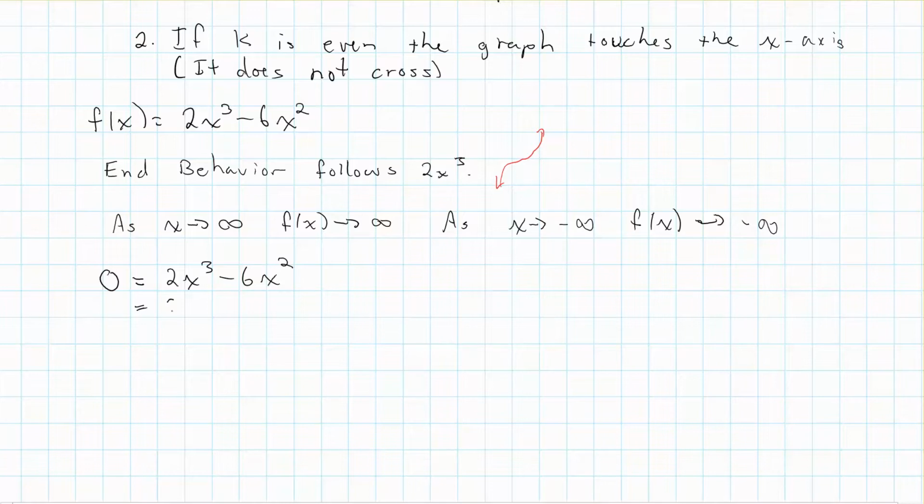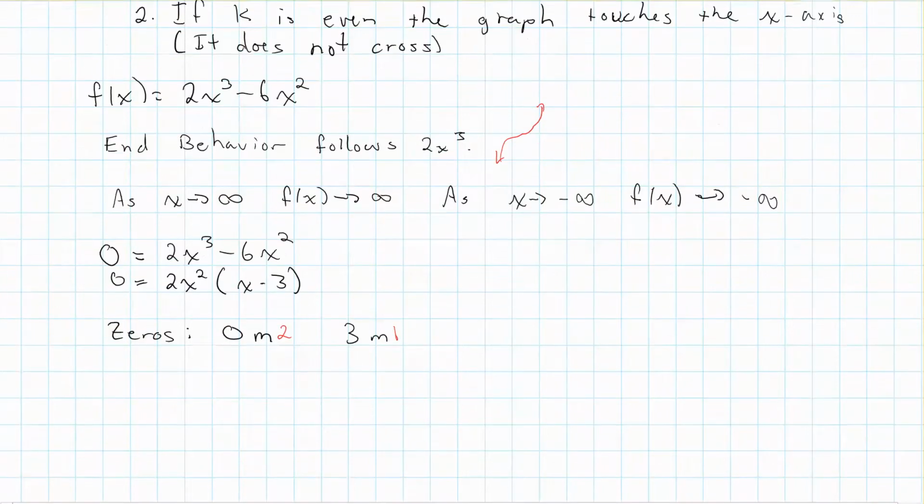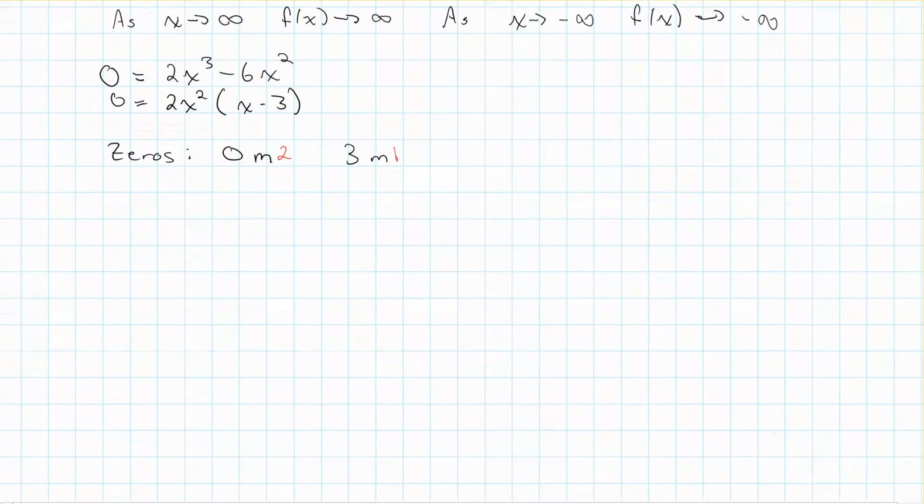Well, I can factor out a 2x squared from both terms, and I'd be left with x minus 3, which gets me zeros of 0, and I'm going to put m here, multiplicity 2, and then 3 with a multiplicity of 1. And the only reason I'm writing the multiplicity down is so that I can know how that affects what the graph is going to look like.